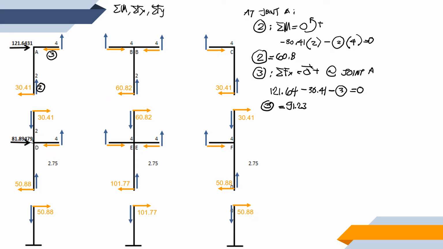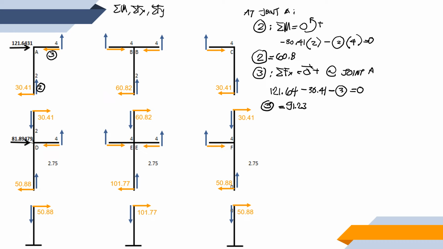By the way, we have assumed that the direction of these arrows are compression. So if we yield an answer that is negative, our assumption for the direction of the force in that member is the opposite. We are still getting positive values, so our assumption for forces 2 and 3 are correct. So that is now our force number 3.